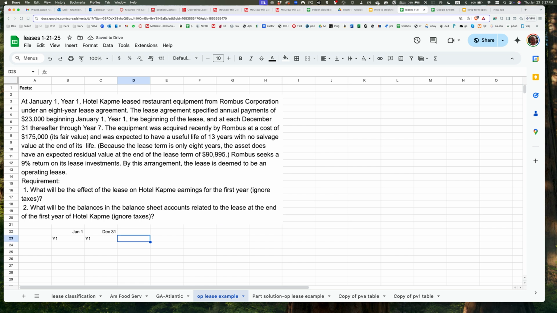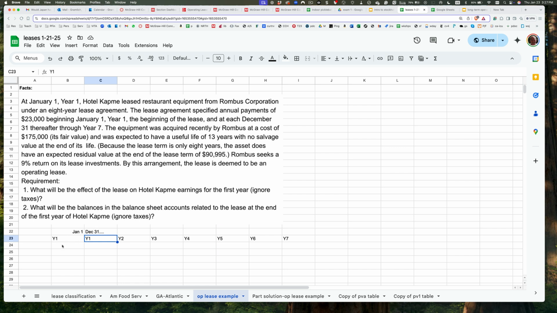And then the payments are going to be after that, and then year 2. And those payments are going to be for a total of 8 payments, 4, 5, 6, 7, 8. So I'll put December 31, year 1, and that's our timeline.